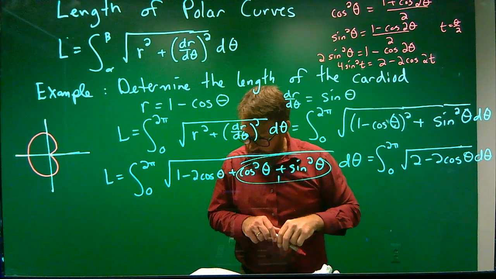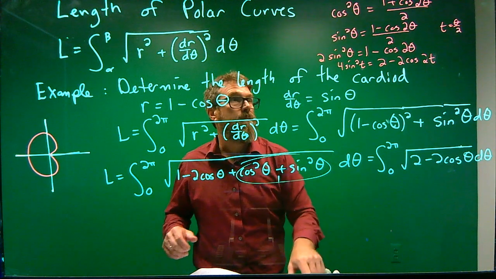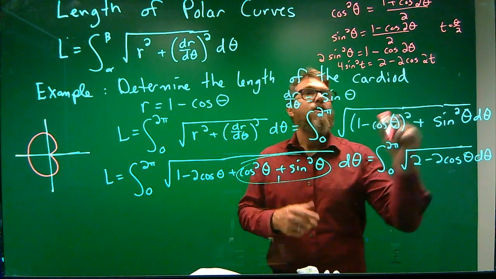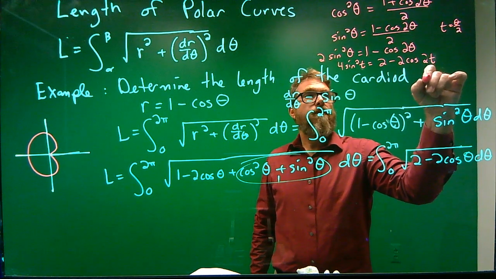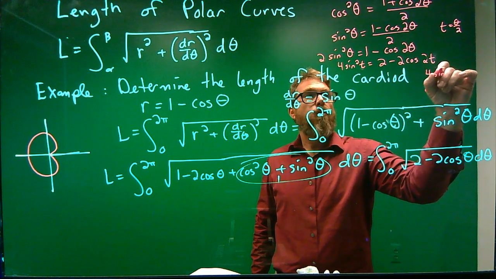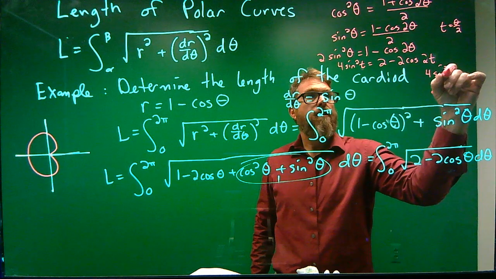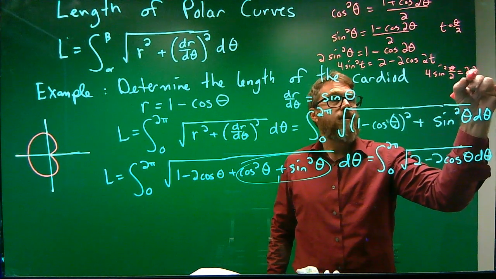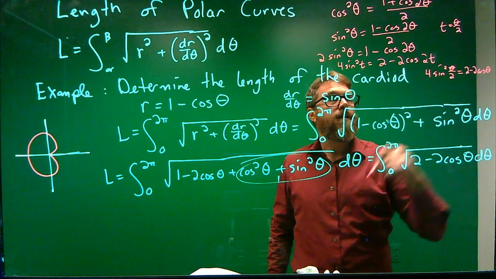So really what we have here, slide it over here, is 4 sine squared of theta over 2 equal to that expression, 2 minus 2 cosine of theta.